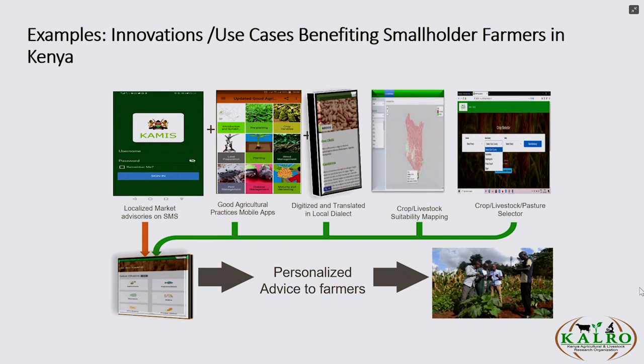In terms of agronomic practices, we have also been able to develop 65 mobile applications. We have downscaled them into demonstrations, illustrations, audios, and videos that are simple and make the research content usable and enable farmers to make decisions and apply this in their farms.